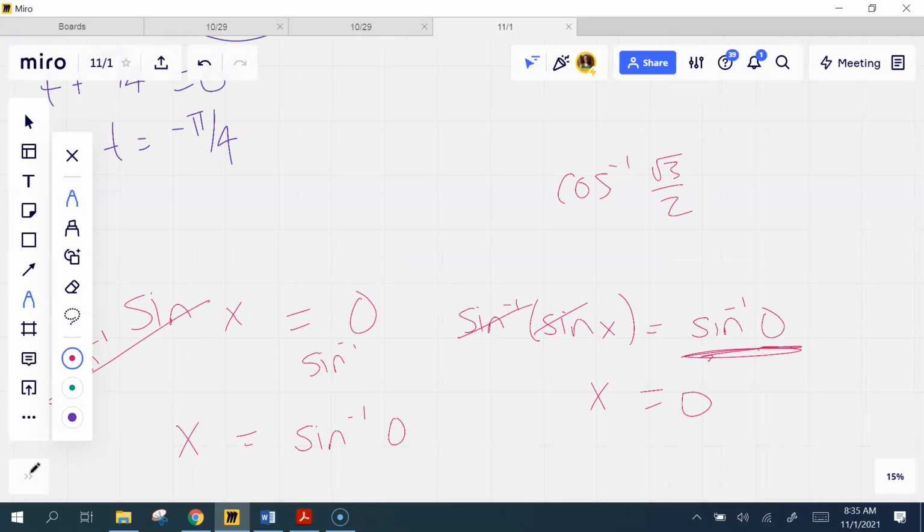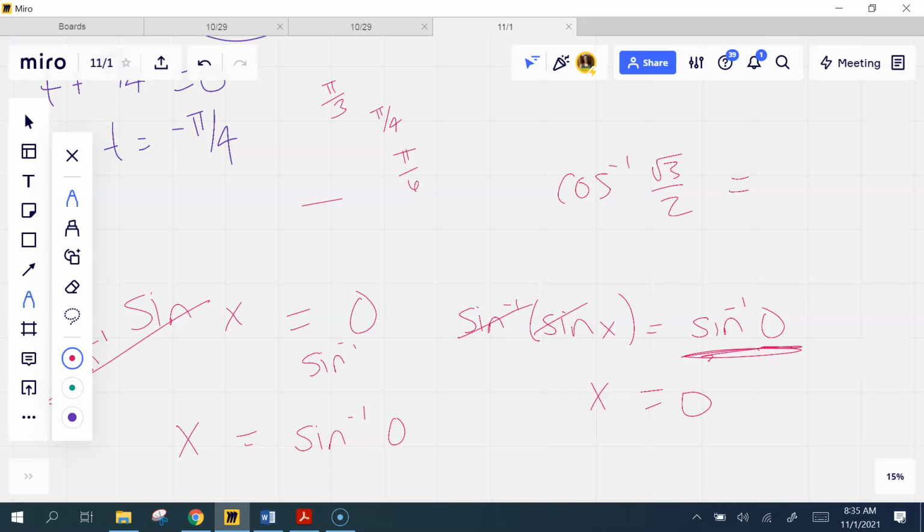If I'm looking at this, where is the cosine the square root of 3 over 2? All right, so let's think about it. We have pi over 6, pi over 4, and pi over 3, right?